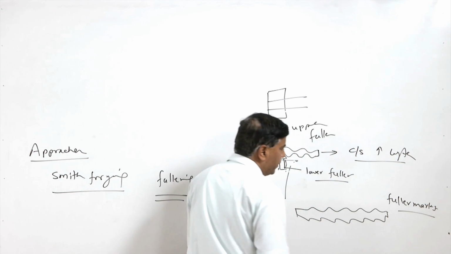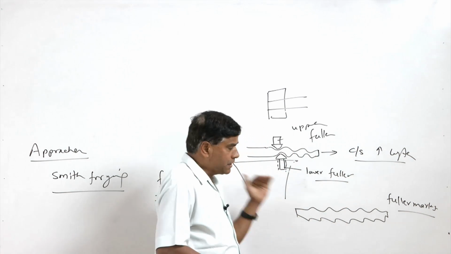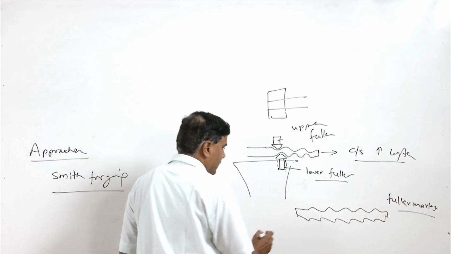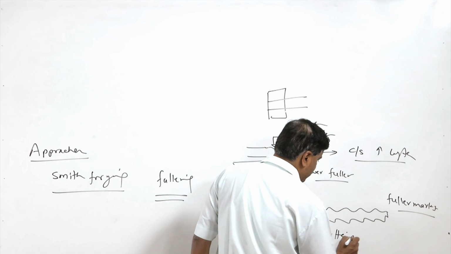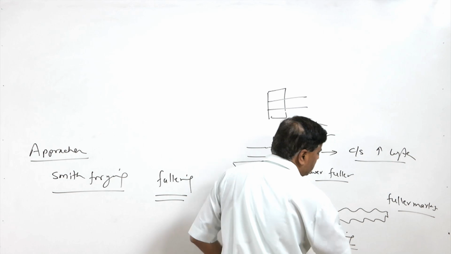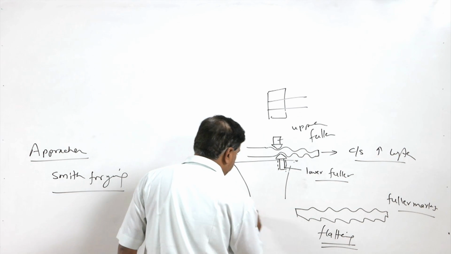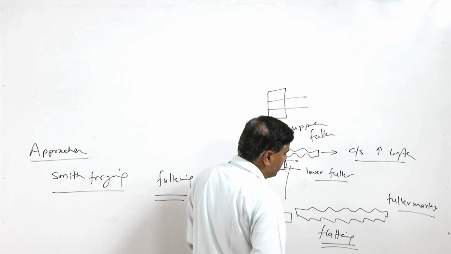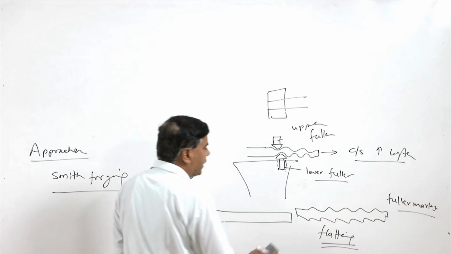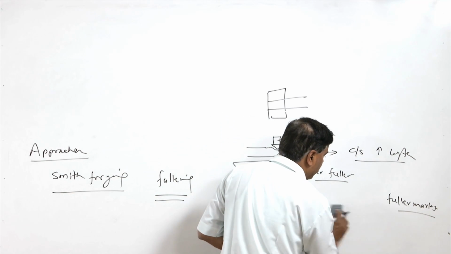So, in order to smoothen the surface, in order to flatten the surface, basically the flattening is done so that all these fuller marks can be taken care of, and the reduced thickness can be achieved, so that required cross section can be achieved.